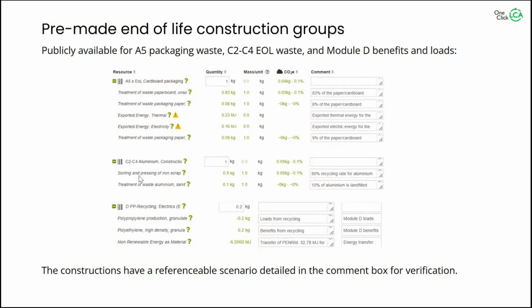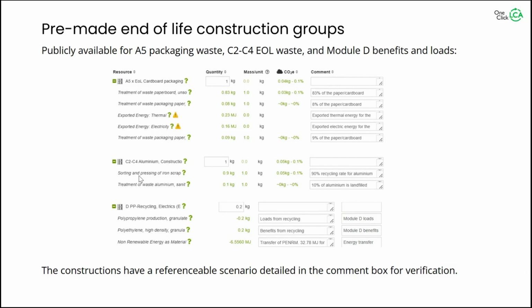In the software, we have created these construction groups that are made for a specific scenario for different types of materials. We've made them for A5 packaging waste, for C2 to C4 end-of-life waste of product materials, and also the corresponding Module D benefits and loads that go with those earlier stages.